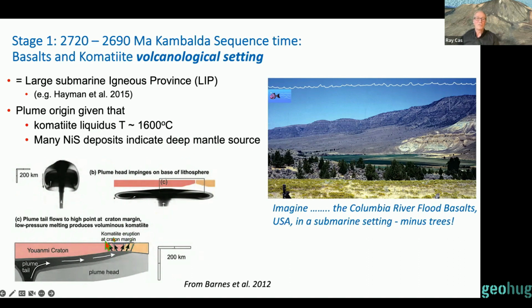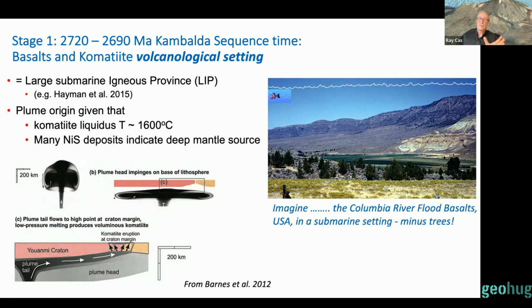sources. And this cartoon here shows a rising mantle plume and then a plume head diverting into the proximity of the Kalgoorlie and Kurnalpi terranes in a figure from Barnes et al. 2012. So to visualize this, let's take a modern flood basalt province like the Columbia River flood basalts in the Western United States.